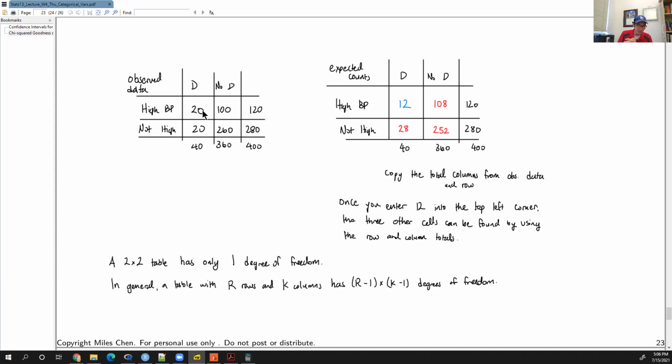But you can have a larger table, say 3 categories and 4 categories. You can have a 3 by 4 table, right? So you can ask, is there a connection between, say, hair color and eye color? How many hair colors are there?